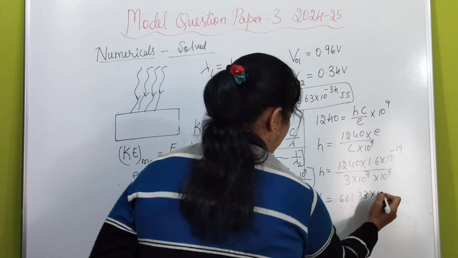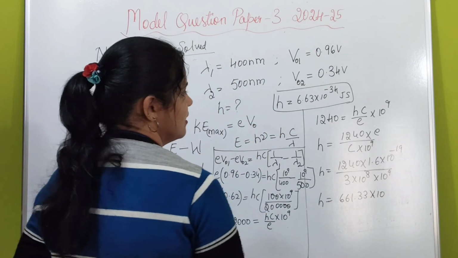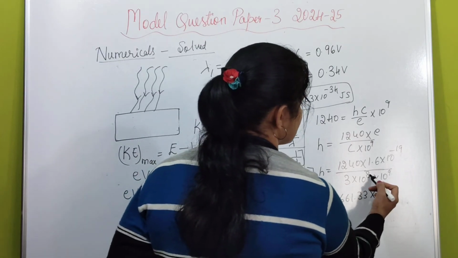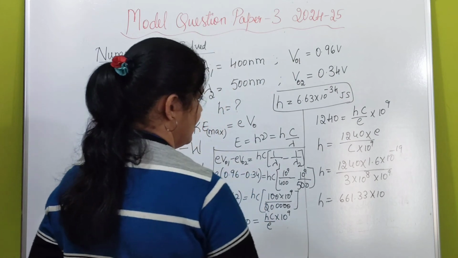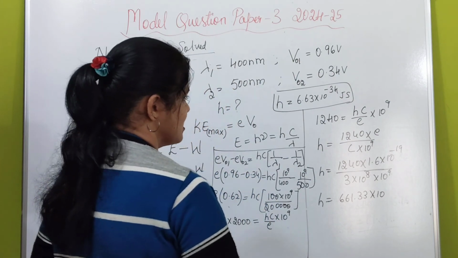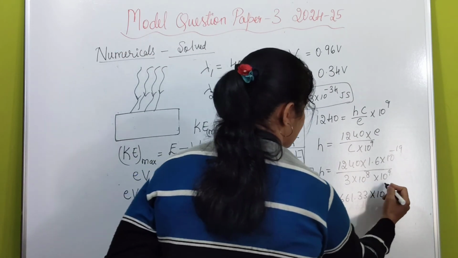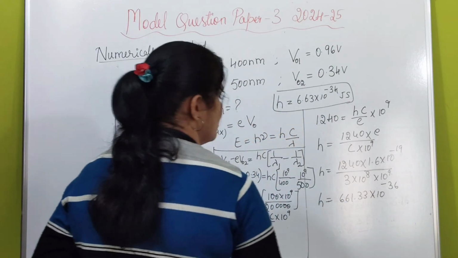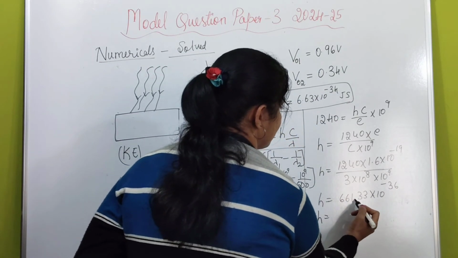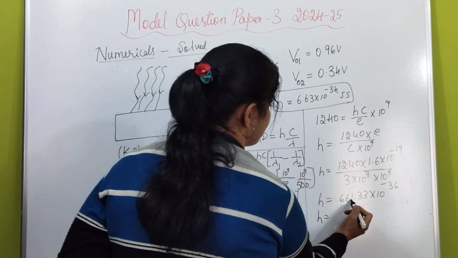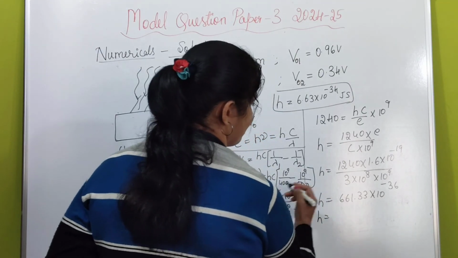661.33 into 10 to the power. Is it clear? 10 to the power, say 9 plus 8 is 17. When it comes to numerator, minus 17. Minus 17 plus 19 is minus 36. Okay. Now let us shift the decimal point. So here I'll shift it 1, 2 places to the left side.